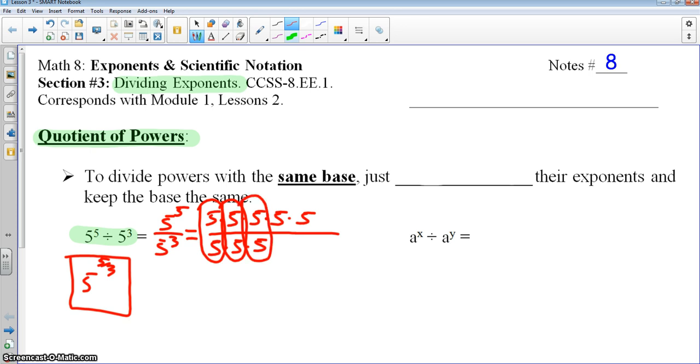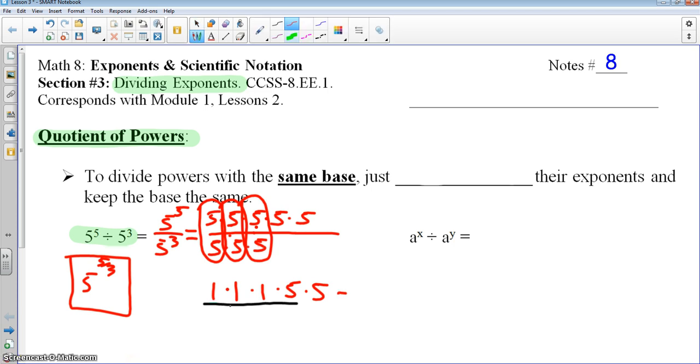So when we do 5 divided by 5, we get 1. And then we do the next 5 divided by 5, we get 1. And 5 divided by 5, we also get 1. Times 5 times 5. Well, we know when we're multiplying by 1, 1 times 1 times 1 times 5 would just be 5.